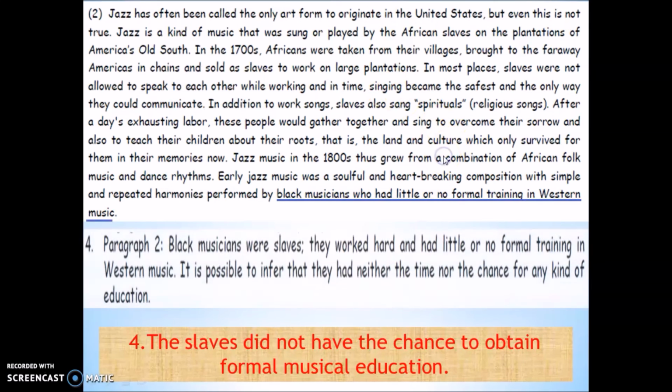And paragraph number 2 also gives us the black musicians' points. Black musicians were slaves. They worked hard and had little or no formal training in Western music. So they didn't have the chance to obtain formal musical education. Look at the last sentence.